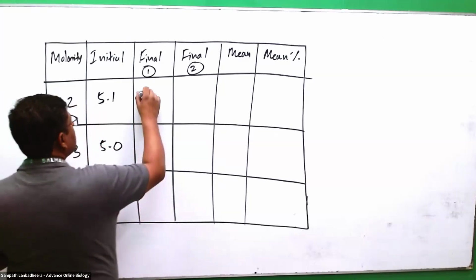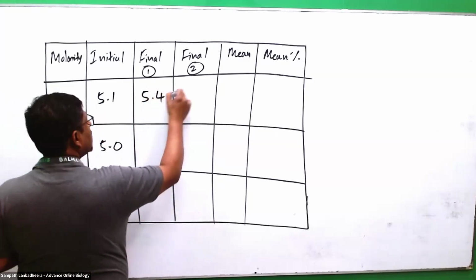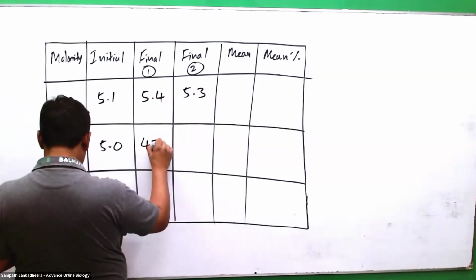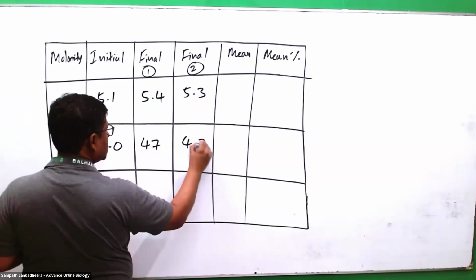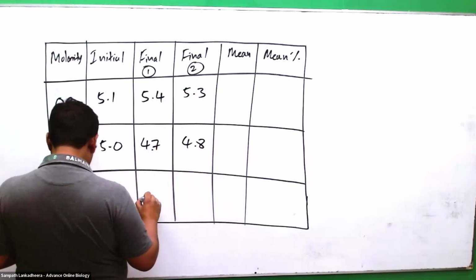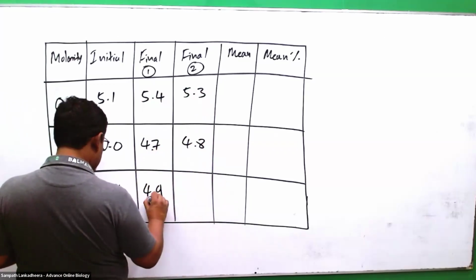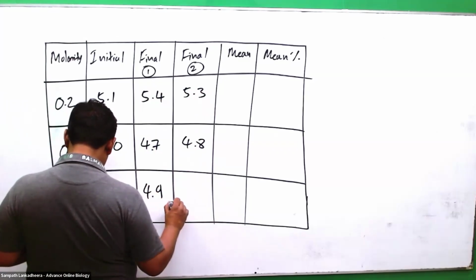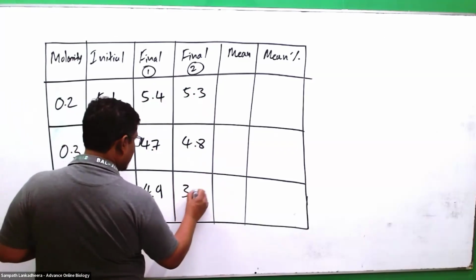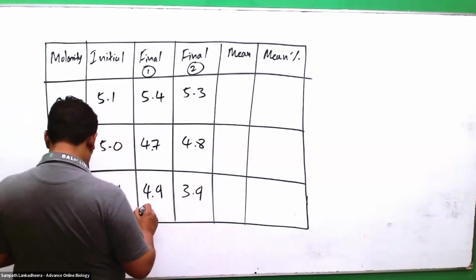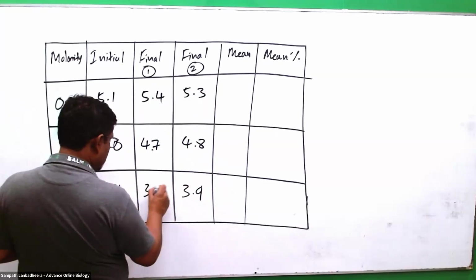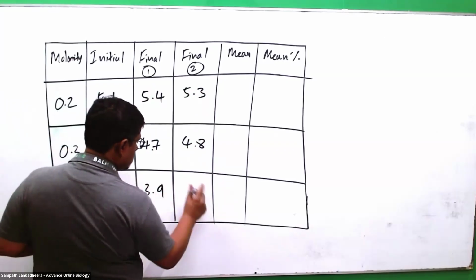Final lengths are 5.4, 5.3, then 4.7, 4.8, then 4.9, 4.9, and 3.9, 4.0.